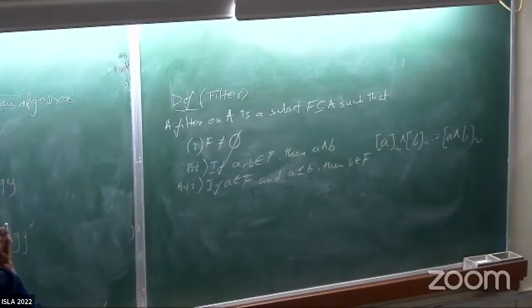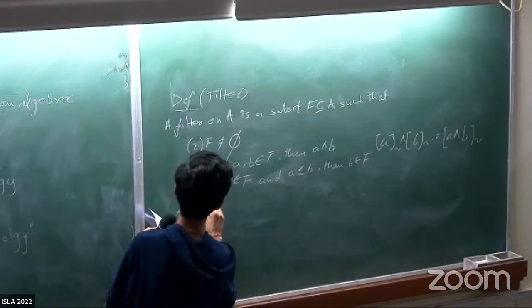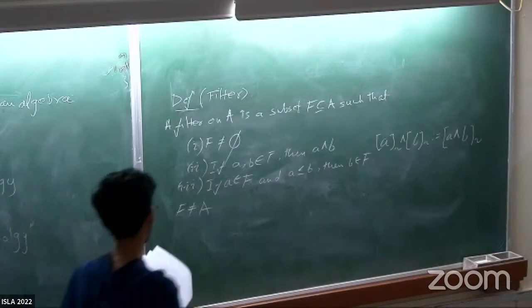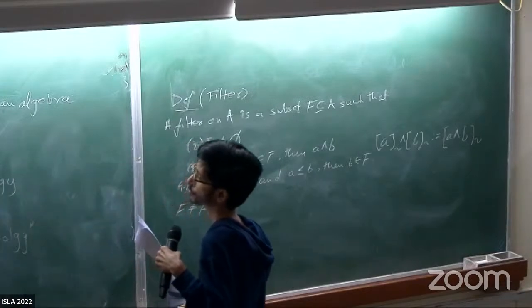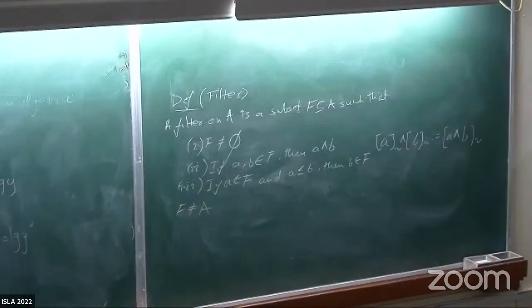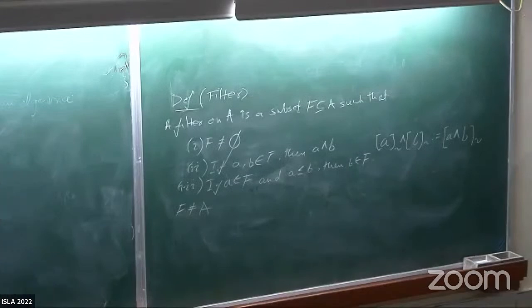We also recall a proper filter: it's proper if F is not equal to the entire thing, F is not equal to A. And it's furthermore a prime filter if, first of all, it should be proper.